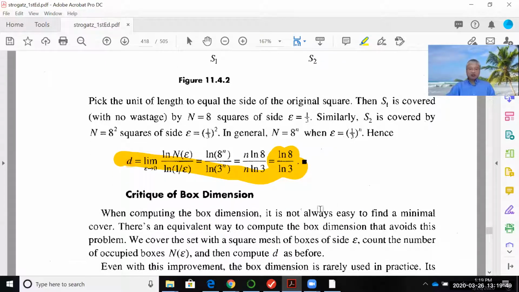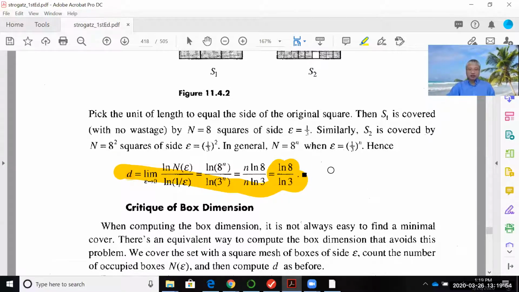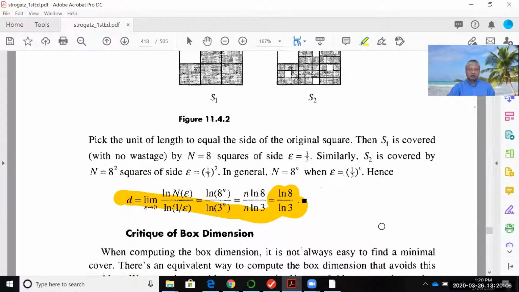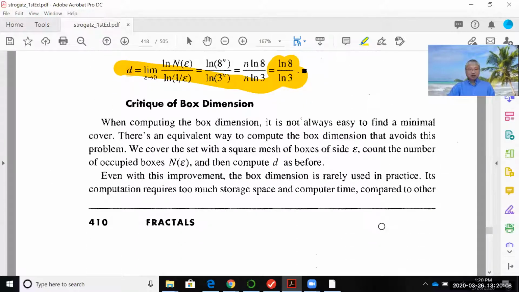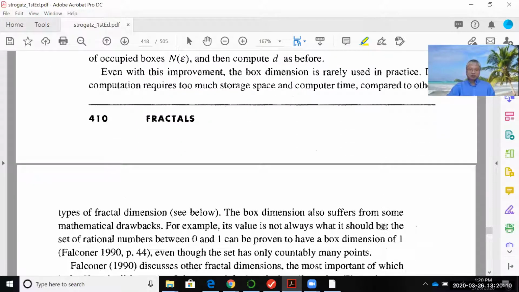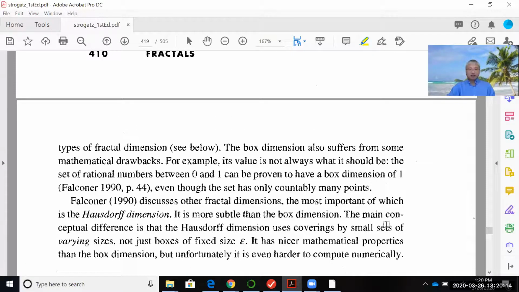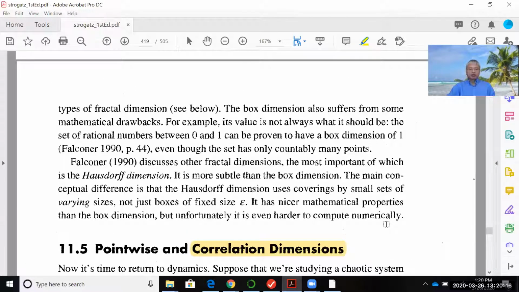Now the box dimension is slightly more general than the self-similar dimension. So you can use this to measure an object which is not exactly self-similar, but approximately self-similar, and then you can simply use boxes to count similarity. The problem with the box dimension is it's easy to visualize, but actually it's very difficult to calculate.